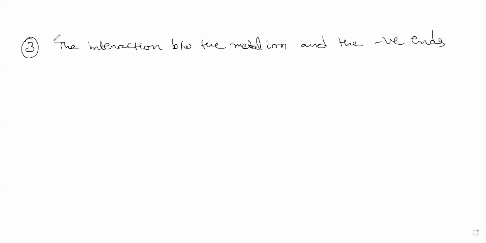So point number 3. The point number 3 is the interaction between the metal ion and the negative ends of anion, or ion-dipole you can think of, or dipole, is purely electrostatic.